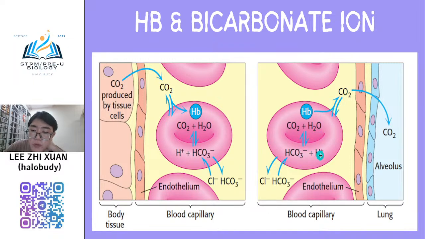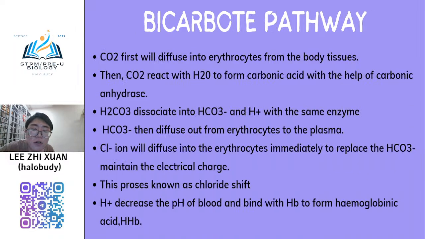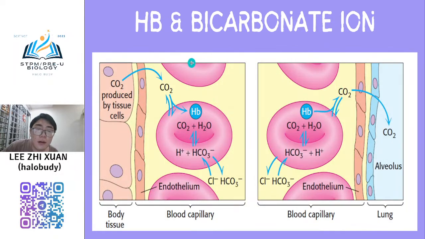It will react with the hydrogen ion again and form back carbon dioxide and water. This carbon dioxide will diffuse out from the erythrocyte to the alveolus for gaseous exchange, and then be released to the atmosphere through our nose. So this is the overall process of carbon dioxide transported as bicarbonate ion. It is more complicated, but it is the most important, because almost all carbon dioxide uses this transportation.